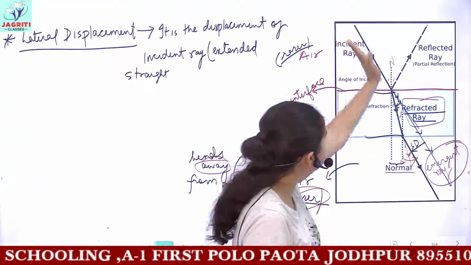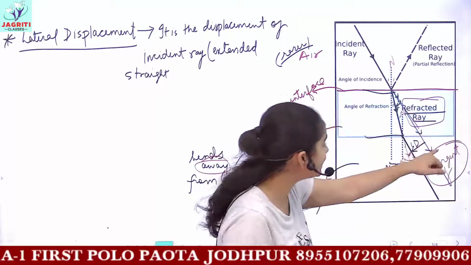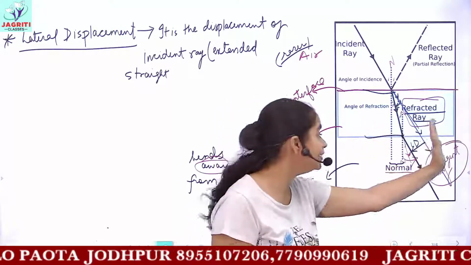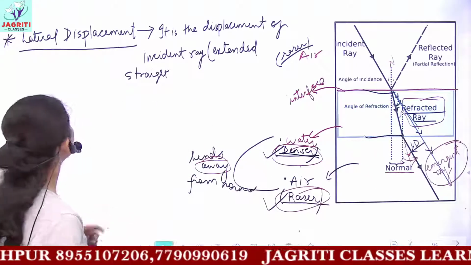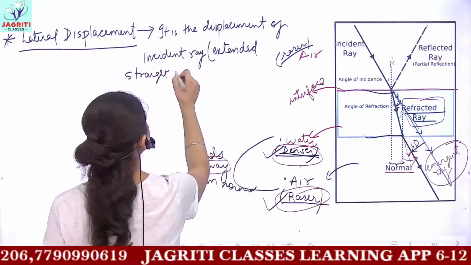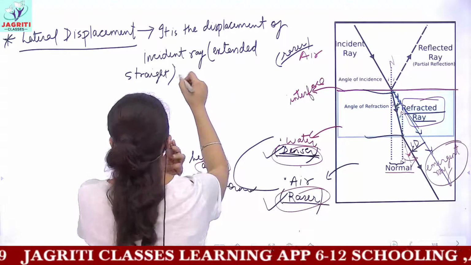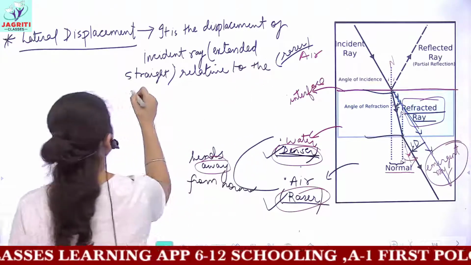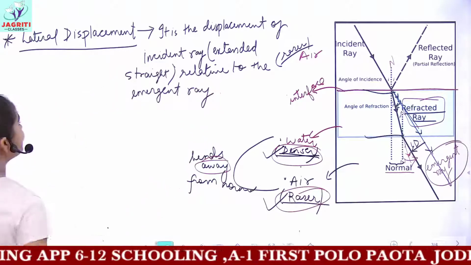When you extend this incident ray straight along its original path, you can see that the incident ray and emergent ray have a sort of distance between them, or a kind of displacement, and this displacement is called lateral displacement. So it is the displacement of the incident ray extended straight relative to the emergent ray. This is known as lateral displacement.